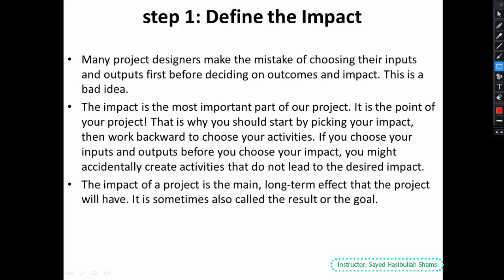So to design a project, we must first define the impact, and then we define input and output, and finally the outcome. The impact is the most important part of the project, because we work for that, we struggle for that.